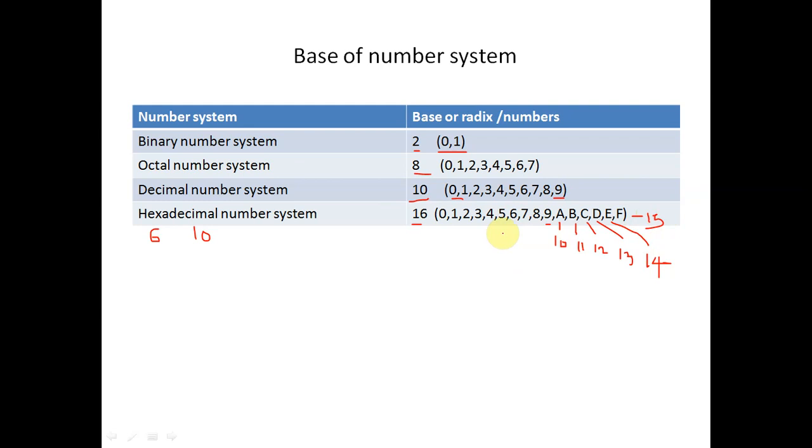Instead of writing 0 to 15, we write up to 9, and after 9, 10 is written as A. 10 is nothing but A, 11 is B, 12 is C, 13 is D, 14 is E, and 15 is F. Remember this concept: A 10, B 11, C 12, D 13, E 14, and F is 15.